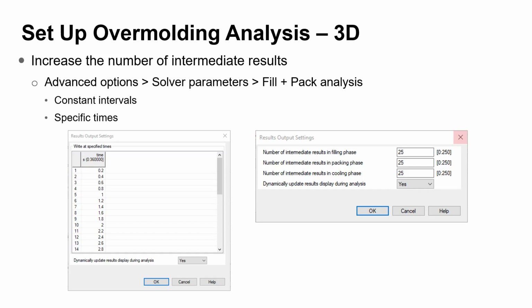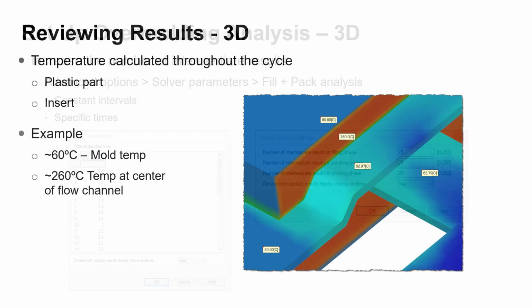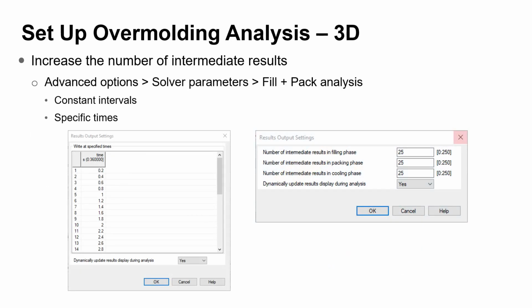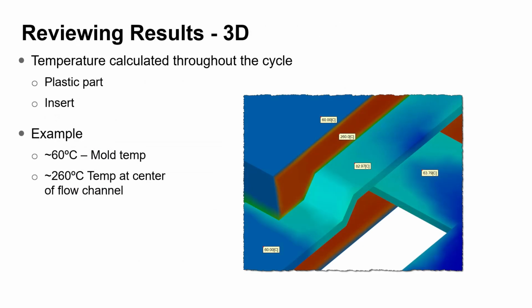Of course, this could be for any analysis, not very specific to overmolding. But remember that the more iterations or intermediate results you ask for, the more it is going to increase the size of your results as well.